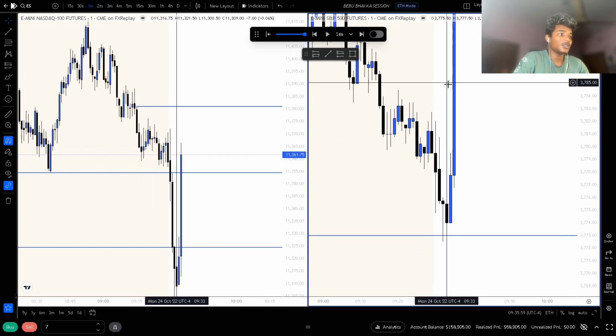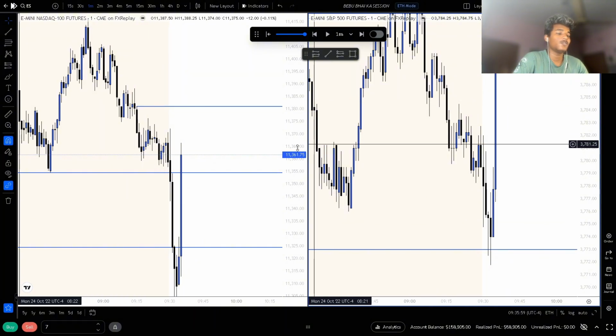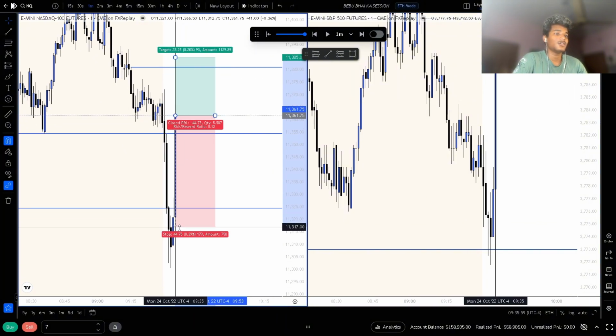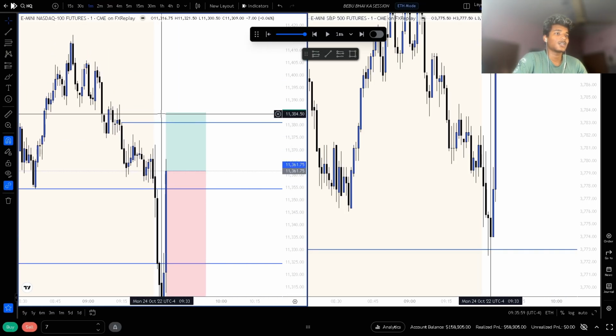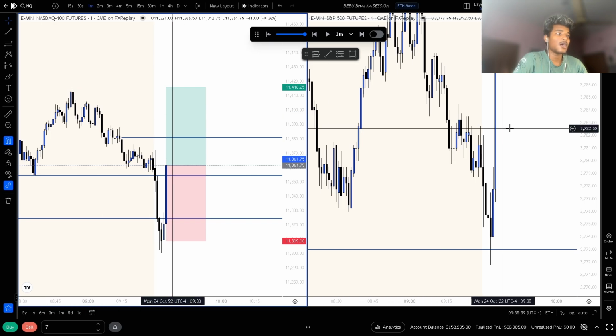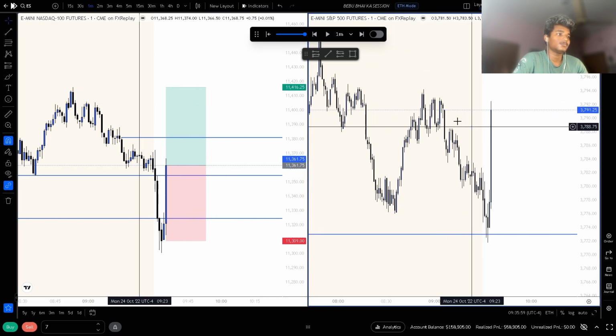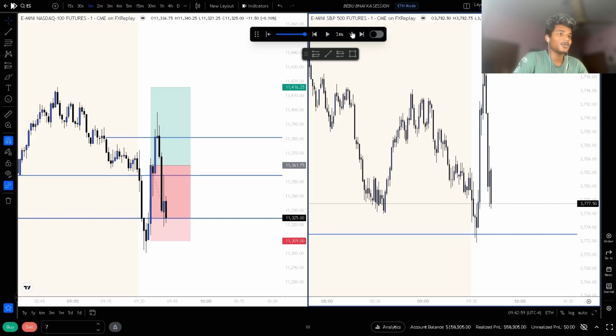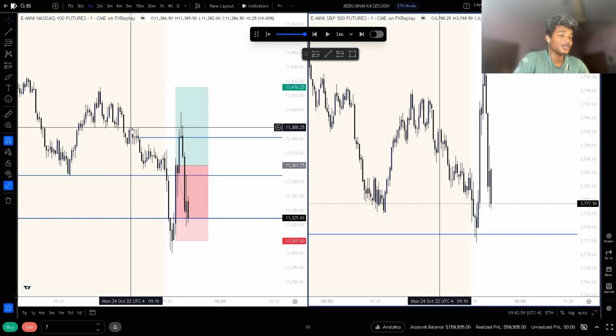ES has already taken out my break-even point, so I don't feel like taking this setup. Although this is a very nice setup, my rules actually don't allow me taking this. But I do think this is going to play out, and I don't know actually. So this ended up being a break-even if the break-even point is going to be this high.